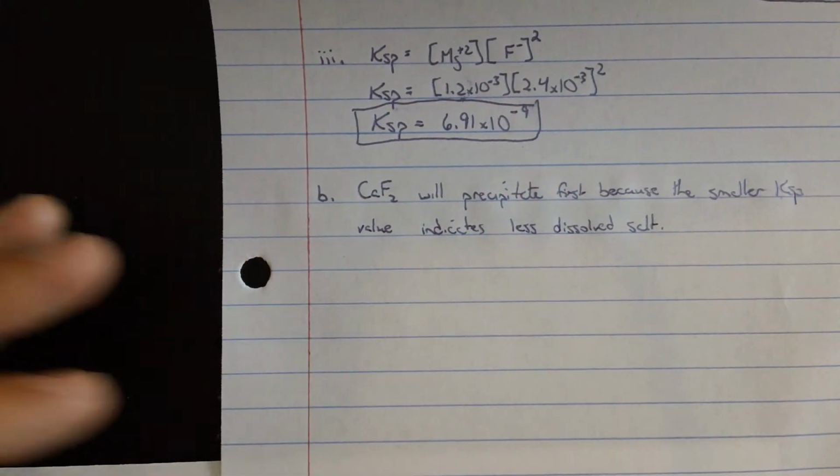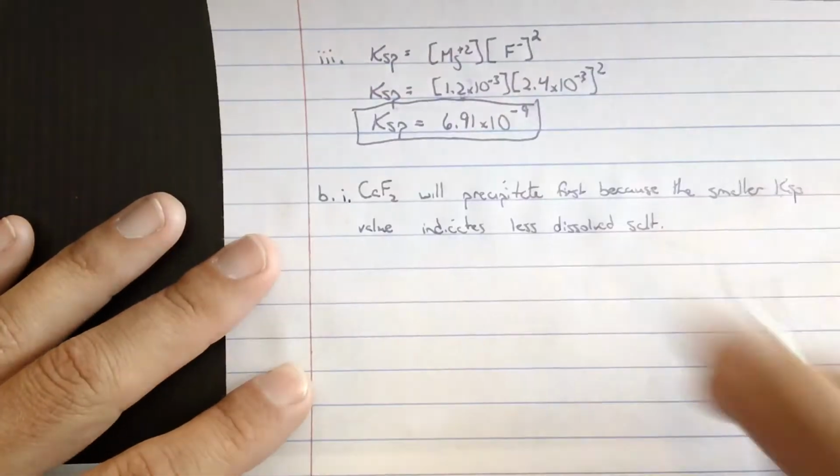That's it. That's part B, number 1. Which salt will precipitate first? The calcium fluoride.